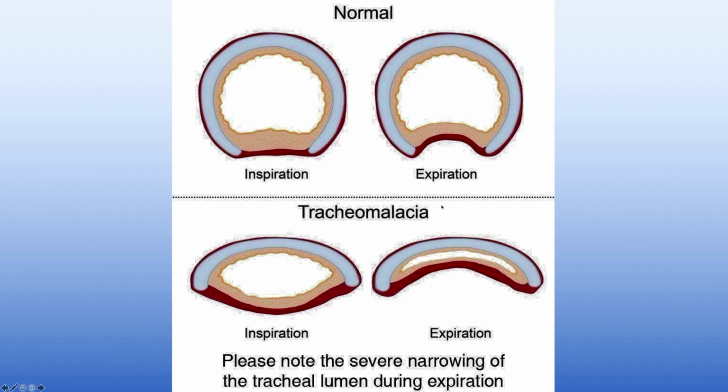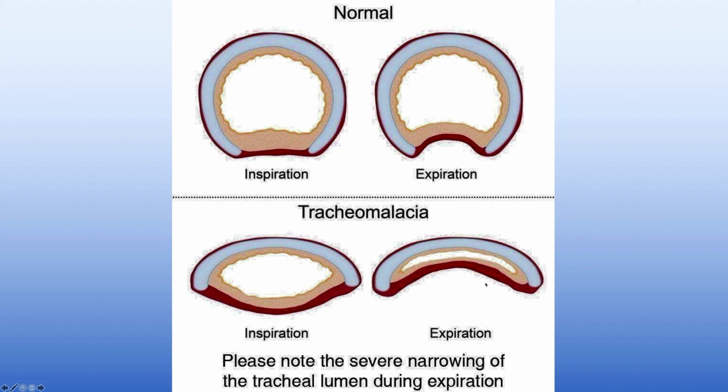This is a depiction of how that would go. In a normal patient, there's a little bit of an indentation there where those rings don't come together. But in a person with tracheomalacia, where the cartilage is not quite enough of a circle, they can have some pretty severe narrowing during exhalation. Inhalation, everything in the chest tends to expand.